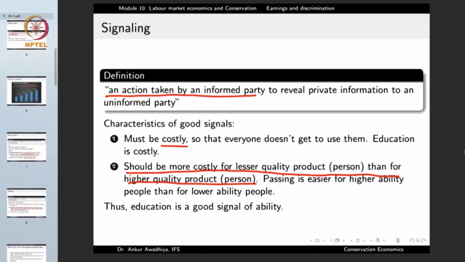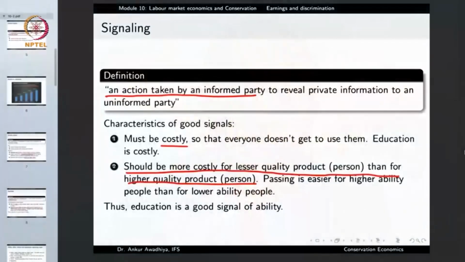Whereas if you wanted to use listening to a song by Kishore Kumar or Jagjit Singh as a signal, then there is no difference between the cost for a higher quality product or a lower quality product or person. So a person with a higher ability will also find listening to these songs equally easy or difficult as a person with a lower quality.